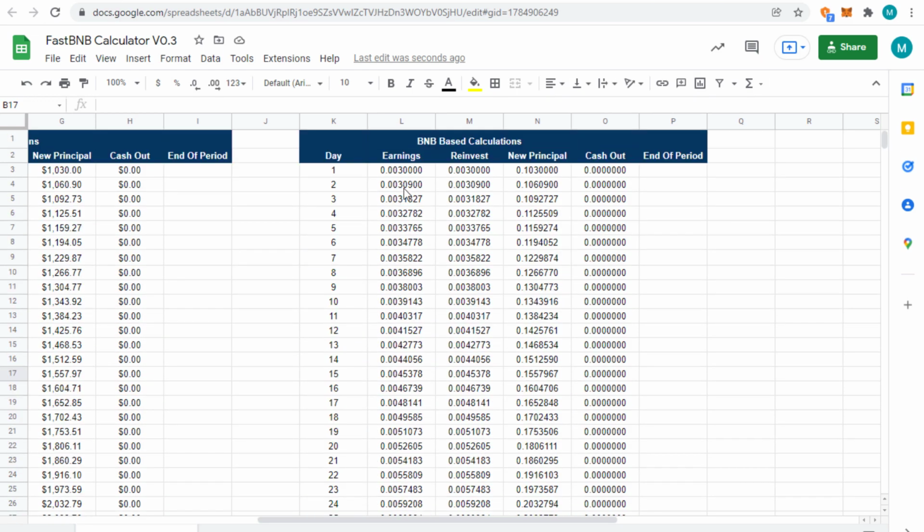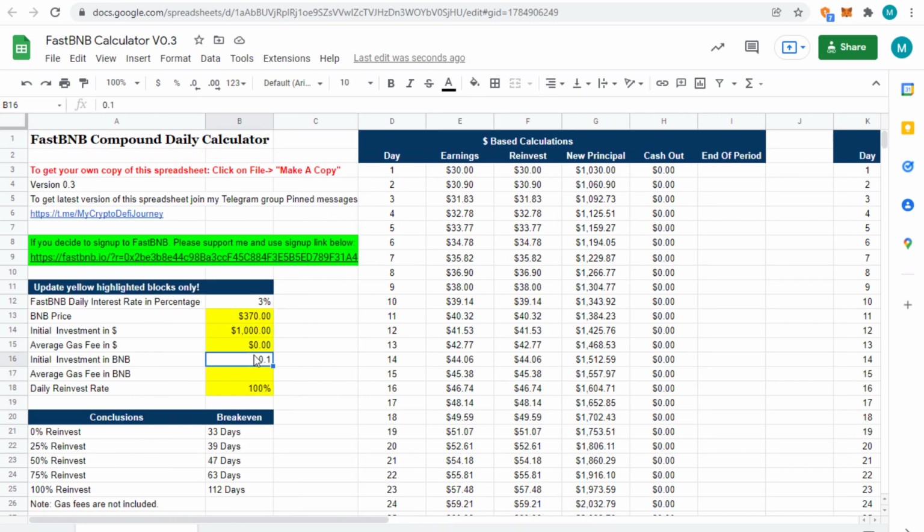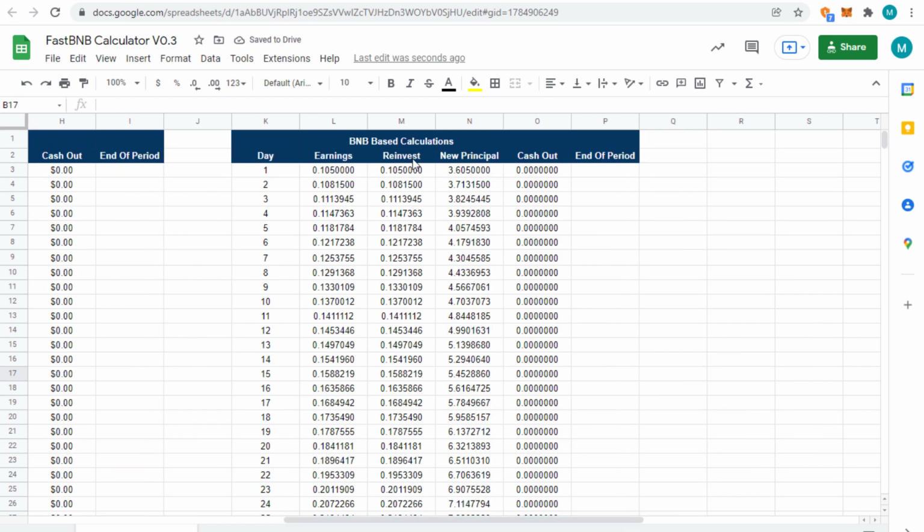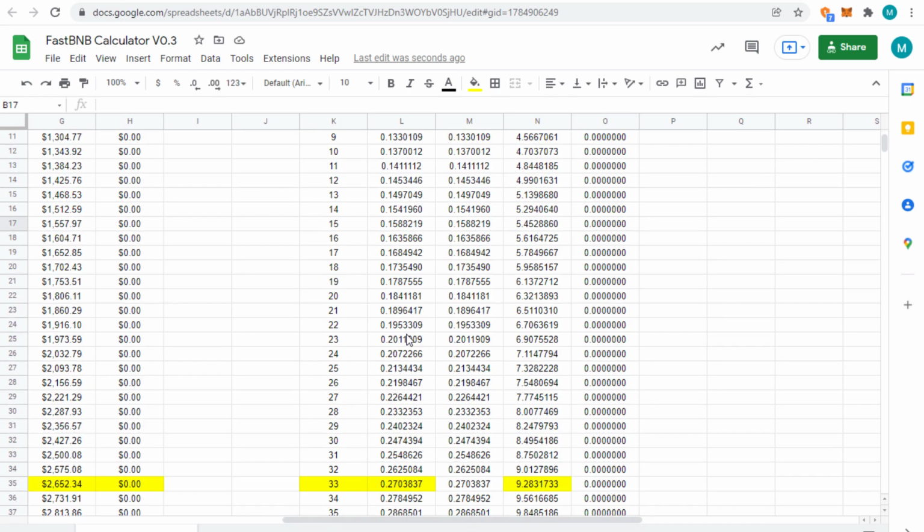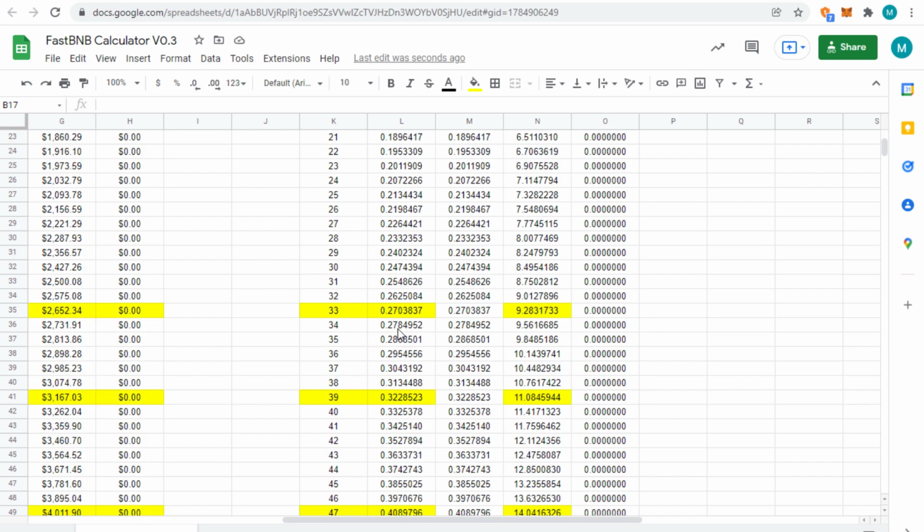Unfortunately, it's going to take time to add all these different earnings till you get to 0.1 so you can reinvest. However, if you start with 3.5, you can very easily reinvest the next day. That's not an issue, because the minimum is 0.1. In both cases, after 33 days, you get all your money back.